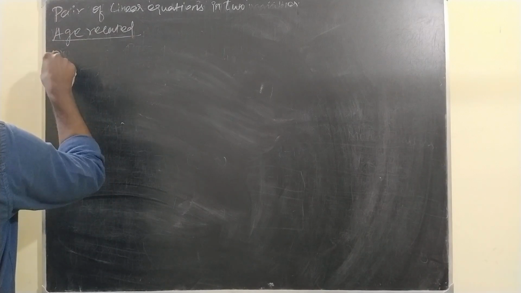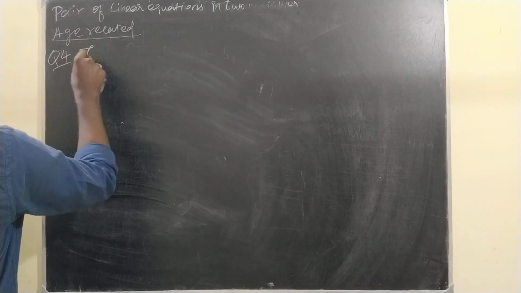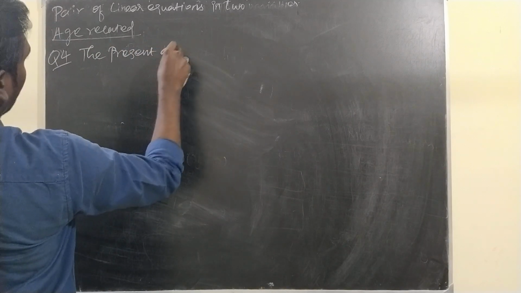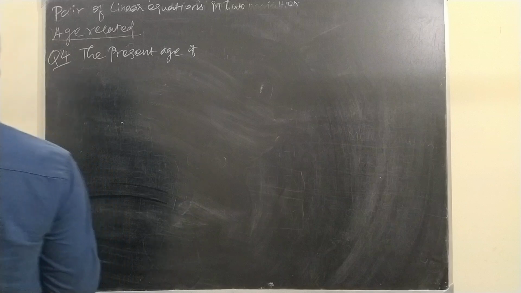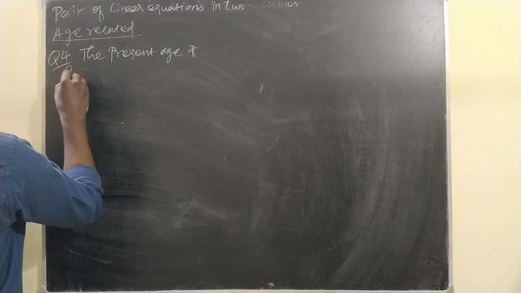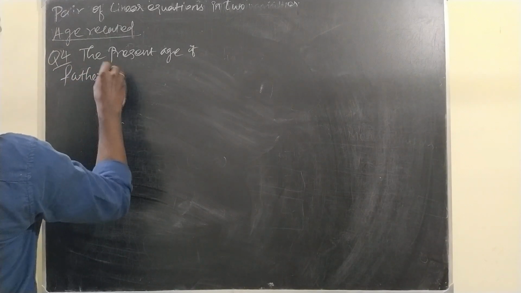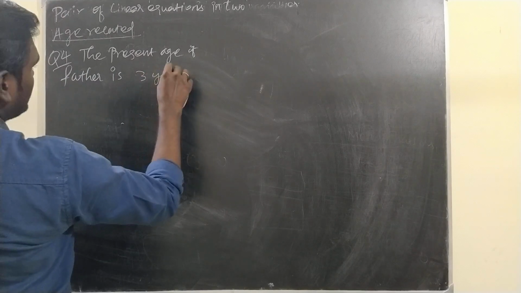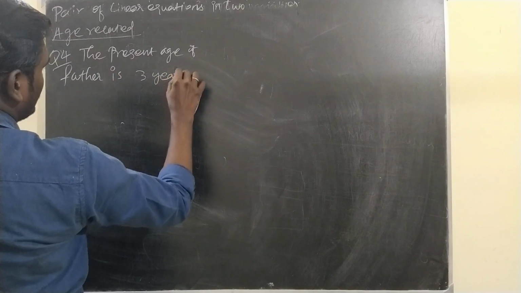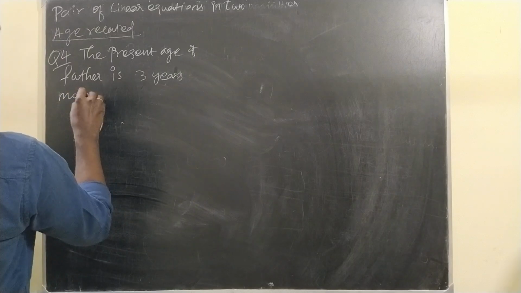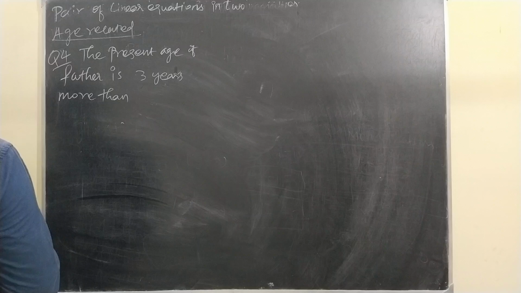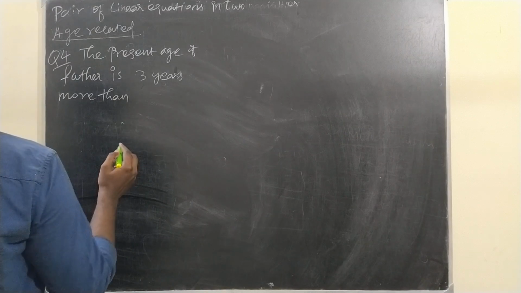Question number 4, I think. The present age of father is 3 years more than 3 times the age of his son.